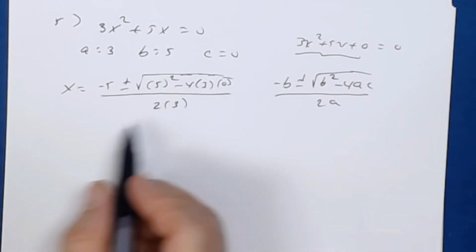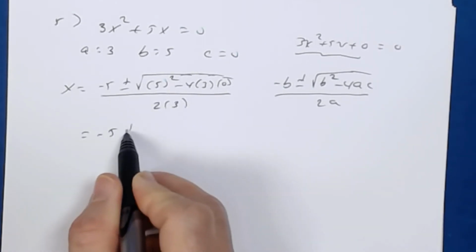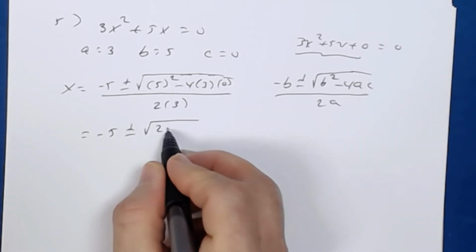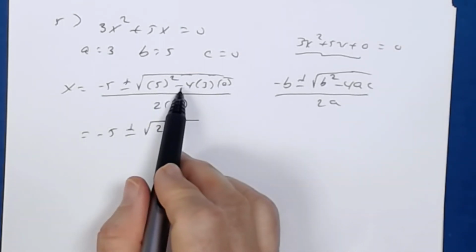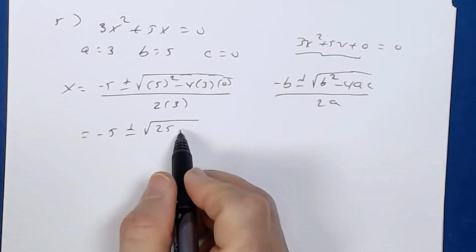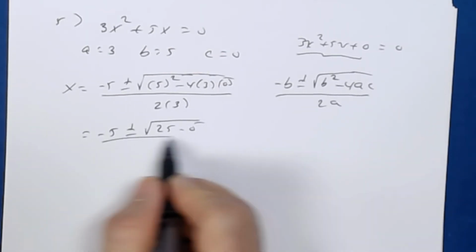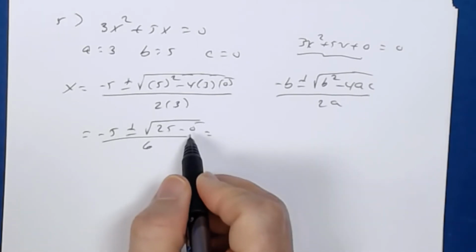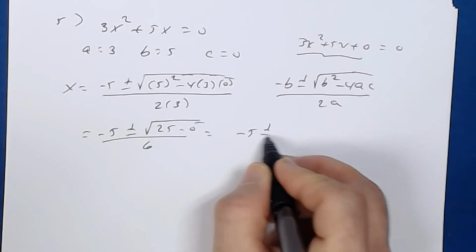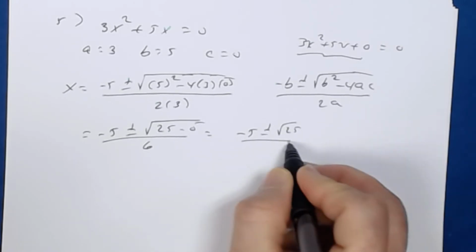Let's simplify the right hand side. So I get negative 5 plus or minus the square root of 5 squared is 25. All right, now look at this carefully. What's negative 4 times 3 times 0? There's your 0, right? And 2 times 3 is 6. And then 25 minus 0 is 25, correct? So negative 5 plus or minus the square root of 25 over 6.